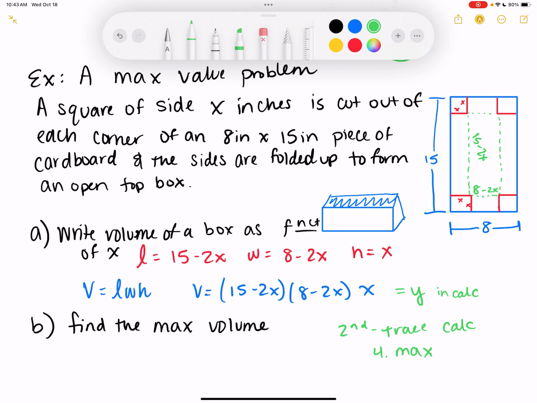And then just like when we did this stuff before, it's going to ask us for a left bound. So just go pretty far over to the left and hit enter, and then go way over to the right on your graph, like pretty obnoxiously. And hit enter. And then hit guess.